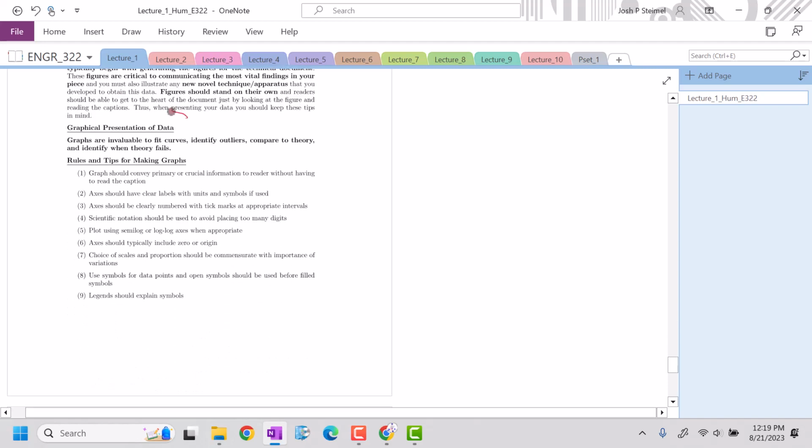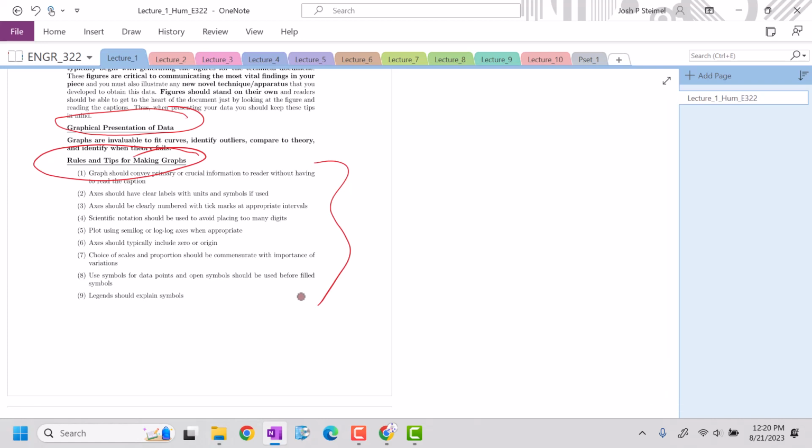Graphs. A picture is worth 1,000 words, and that is very, very true. You are limited in the number of graphs that you can create in some types of technical communication, so those graphs need to tell the full story even before you get into your legend. Those are really critical. There are a bunch of tips for how we want to plot in this course. We want axis labels that are legible.